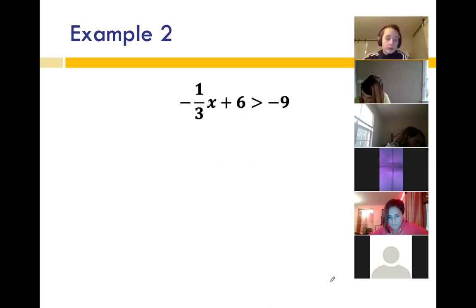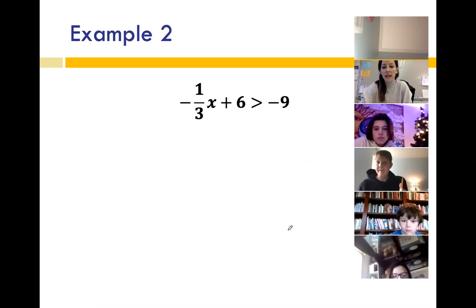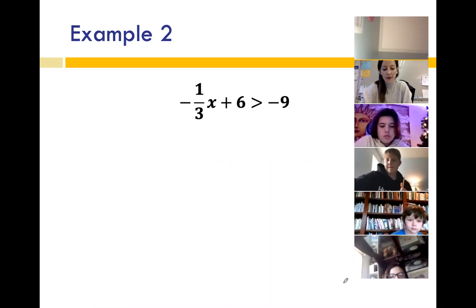Again, before we solve it, I want you to tell me in the chat, yes or no, do you think you would need to flip this inequality symbol when we're solving it? So go ahead, give me a yes or a no, whatever you think. It's okay if you're wrong.